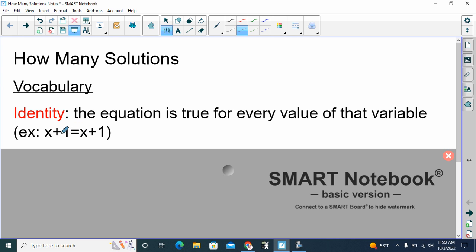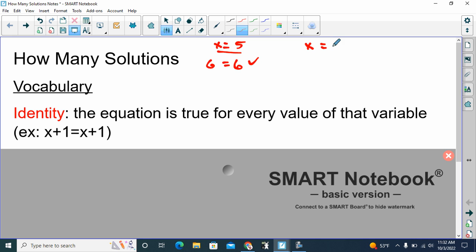I have exactly the same thing on both sides of the equal sign. If I plug in x equals 5, I get 5 plus 1 equals 5 plus 1, 6 equals 6. That's true. So x equals 5 is a solution.